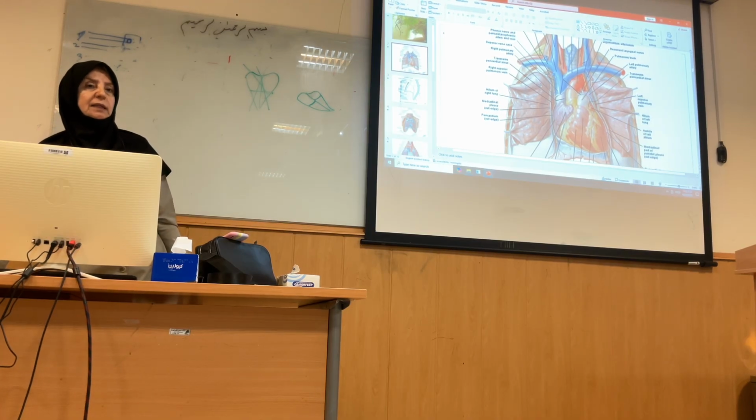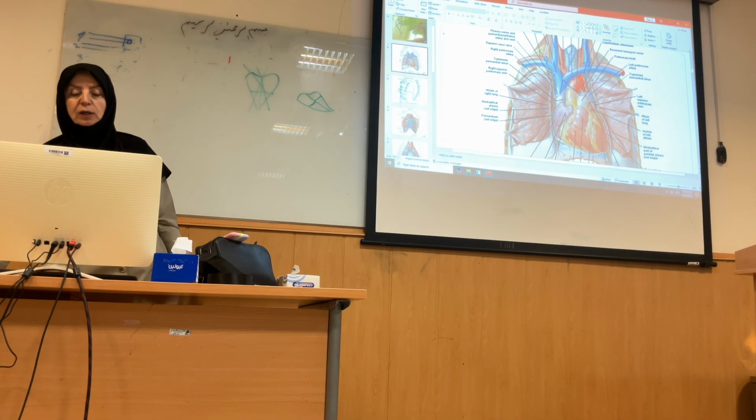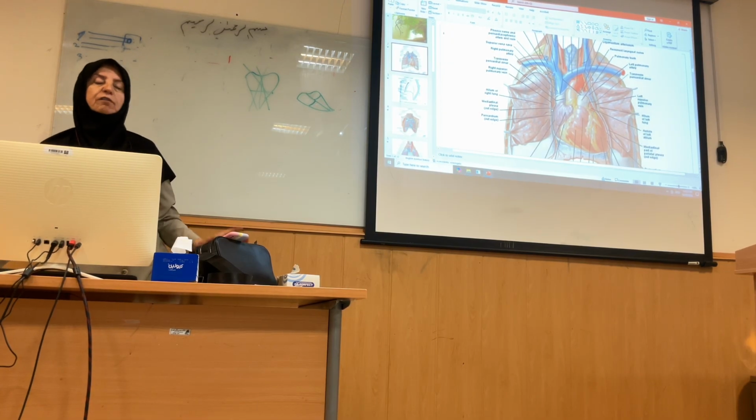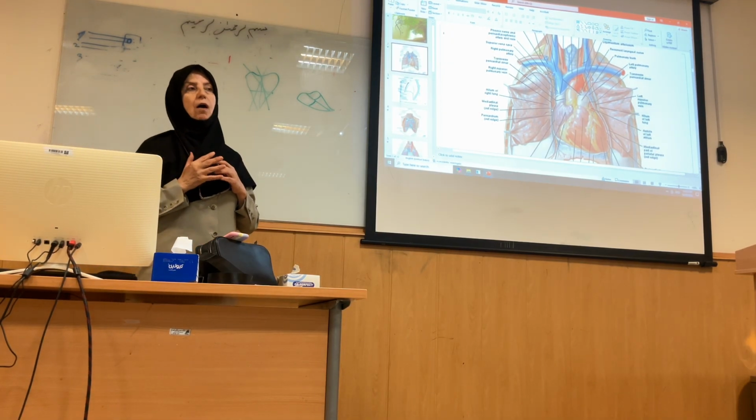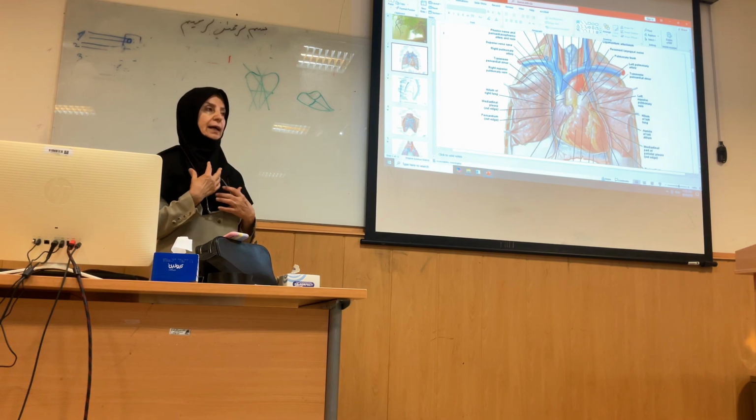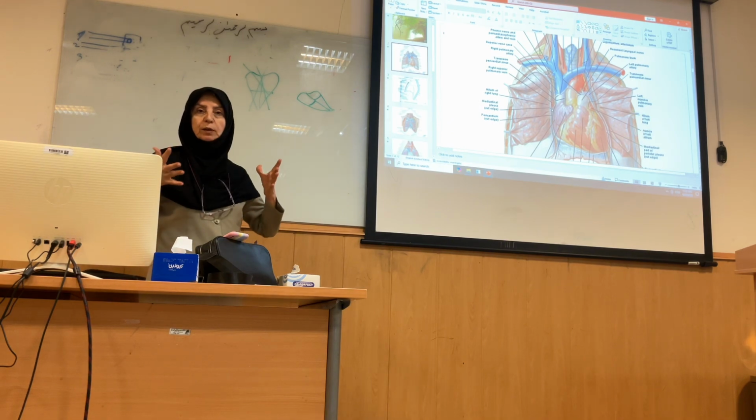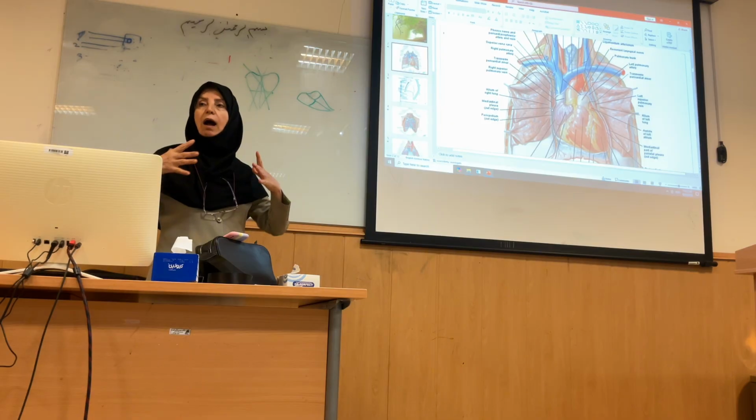If you notice, inside of the chest, inside of the thoracic cavity, we have on each side a right lung and a left lung. Both of them are going to cover the heart. Both lungs and the heart are protected by the bone, muscle, cartilage.